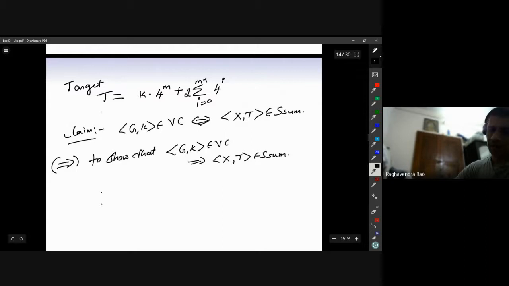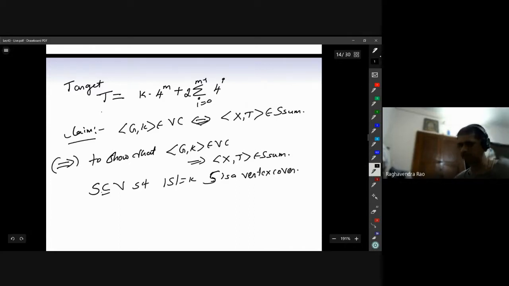So let S be any subset of V such that the cardinality of S is k and S is a vertex cover. Okay.